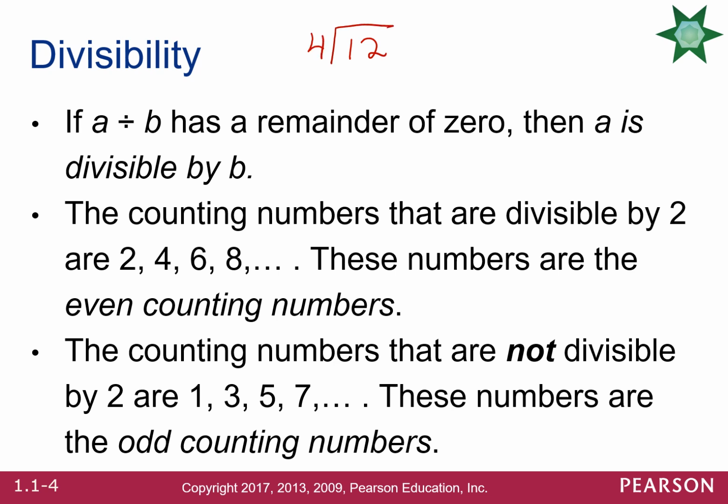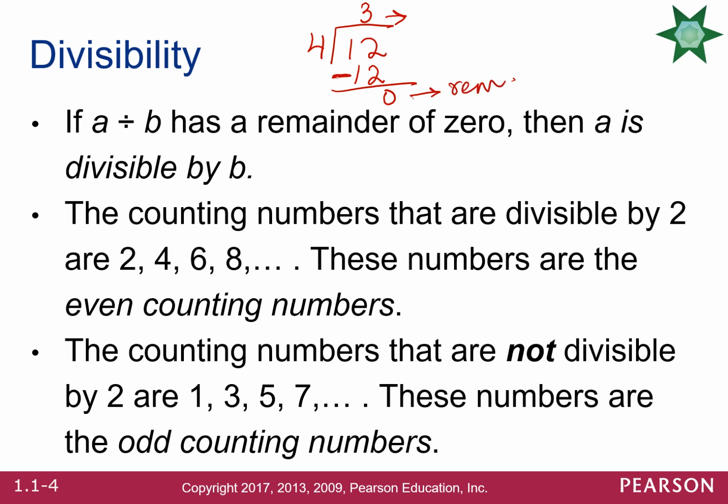So 12 divided by 4, if we perform this division, we get 3, right? 4 threes are 12, and 3 is called the quotient, and the remainder is 0. Correct? 12 minus 12 is 0.